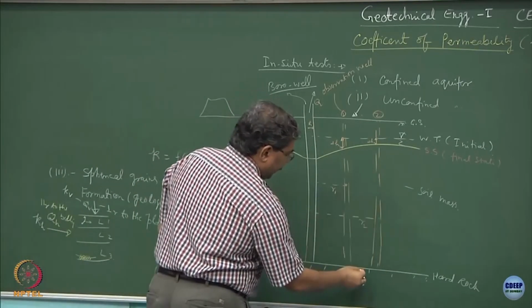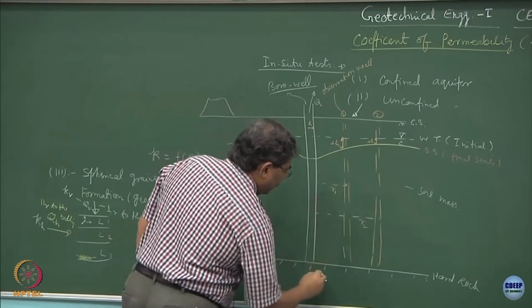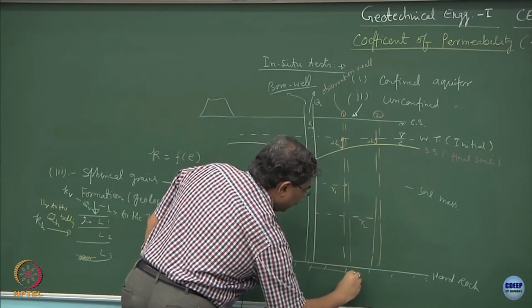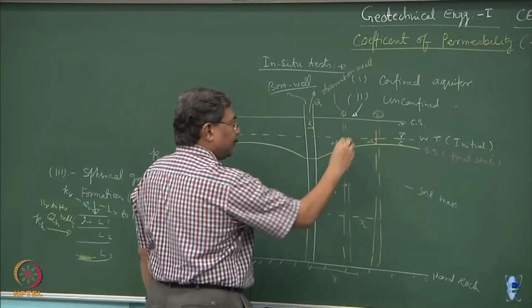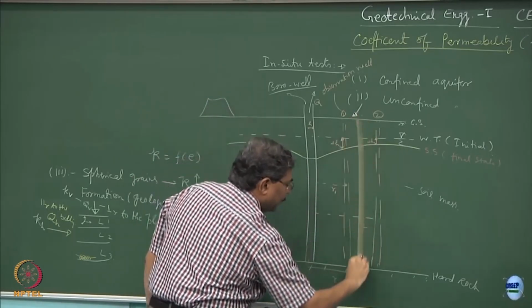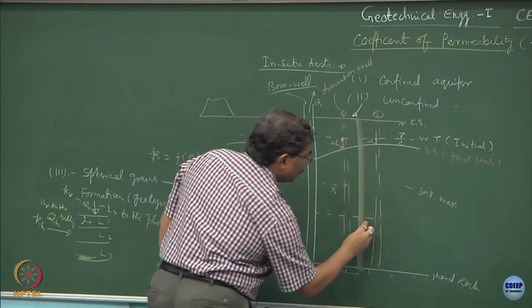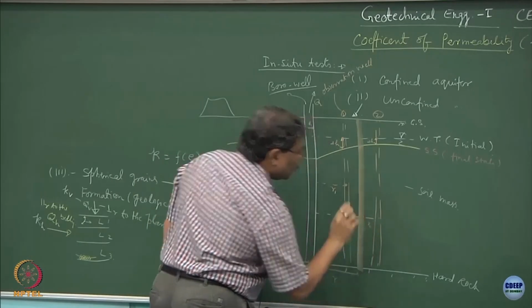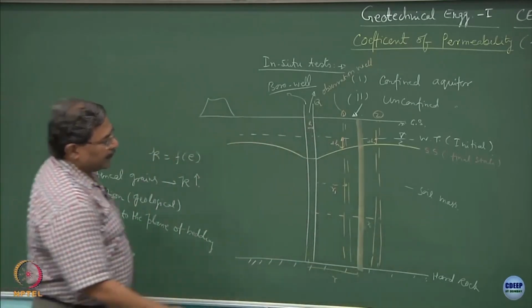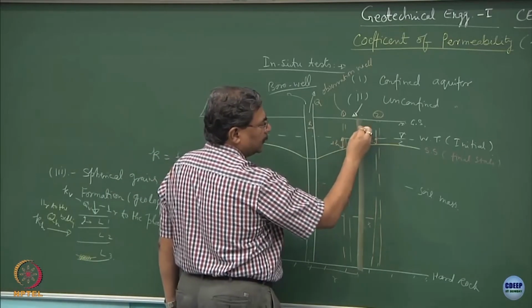And suppose at a distance of R I take another hypothetical well which represents a hypothetical surface. So, this is a hypothetical surface.